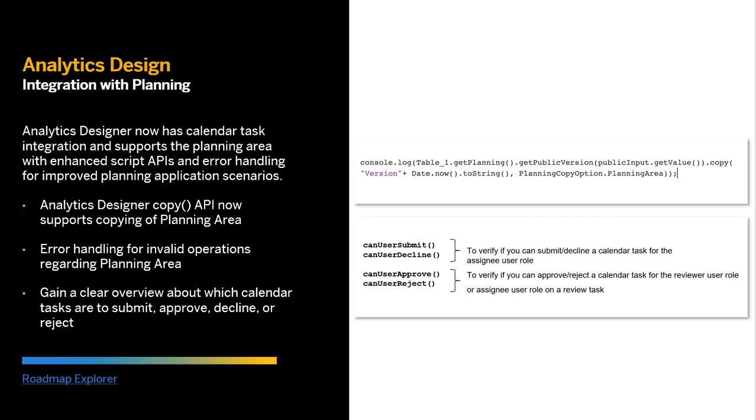The second feature is that for calendar tasks, we now provide a script API: can user submit, can user decline, can user approve, can user reject, to verify if you as an end user can really submit or decline a calendar task for the assignee user roles. So with that, we will have much more concrete and exact control over the user and the calendar tasks.